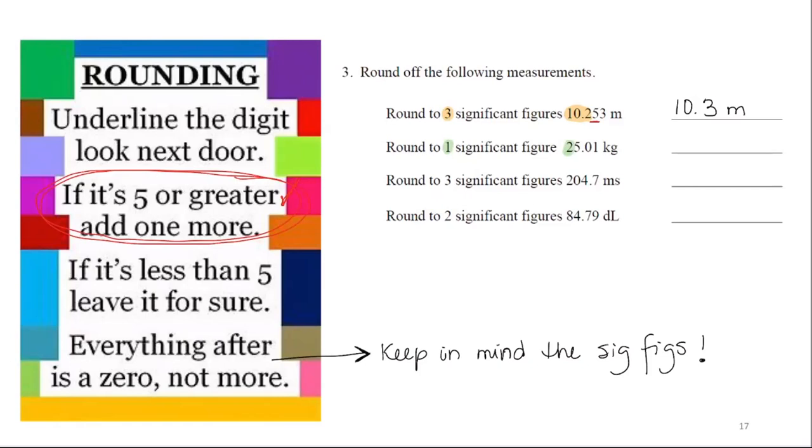So when I look at this, I look at the 5 next door. Again, if it's 5 or greater, add one more. So if I try to round this to 1 sig fig, my answer is 30. Because remember that 0 after the 3 is a placeholder.